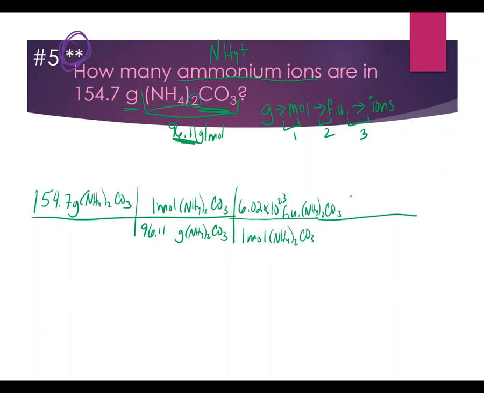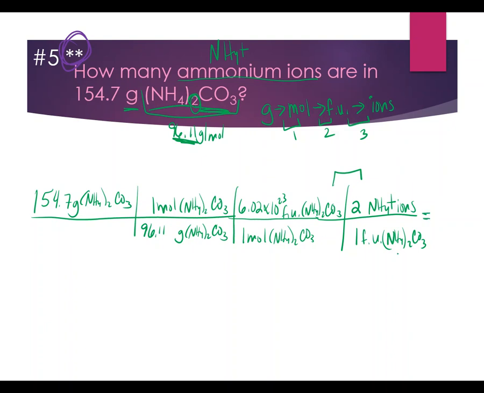Now this last step is the hardest of the whole thing. 1 formula unit of (NH4)2CO3. Now we said that has 2 ions, 2 NH4+ ions. So really it's pretty much the previous problem except for this added last step here, breaking it up into its ions.